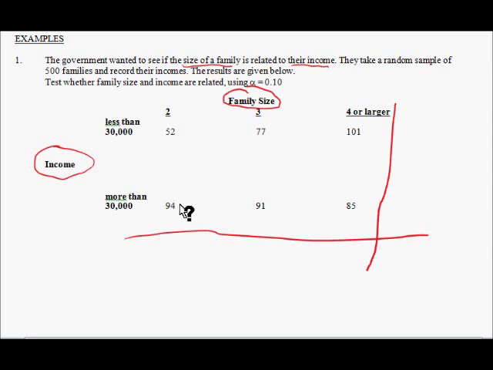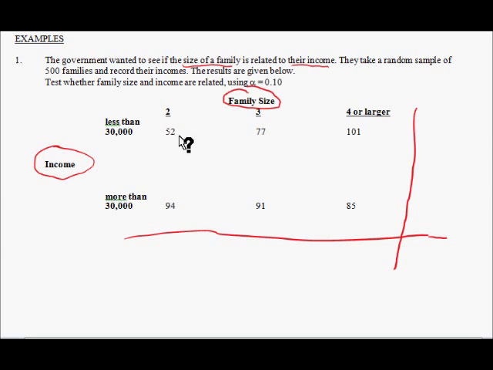And for income, I've broken it up at 30,000. Those that make less than 30,000 as a family, and those that make more than 30,000 as a family. I'm going to erase this line and make it a little further out there, to make sure I get enough space. There we go, that's better.